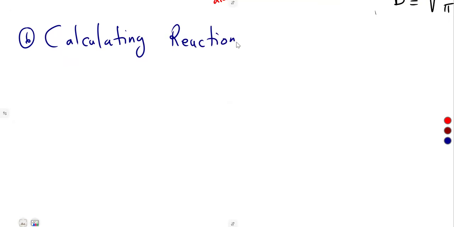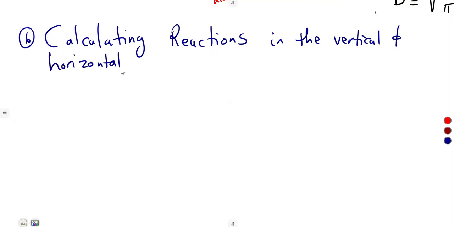All right, calculating. Let me write this one down. Calculating reactions in the vertical and horizontal planes.